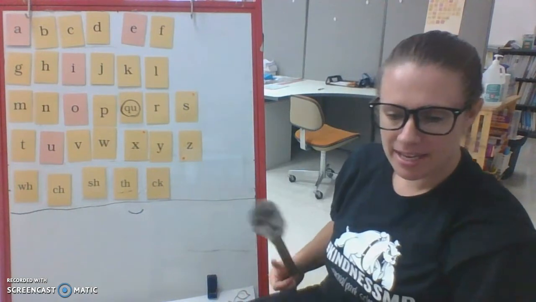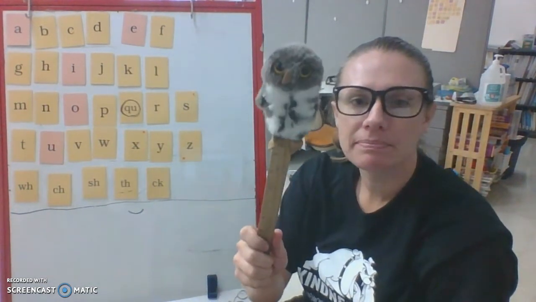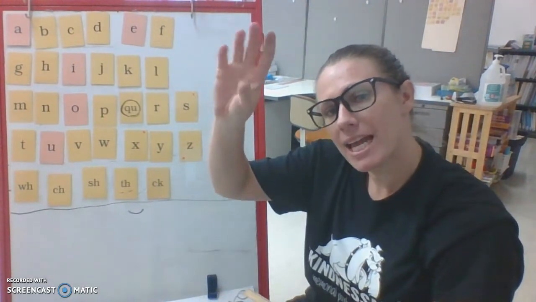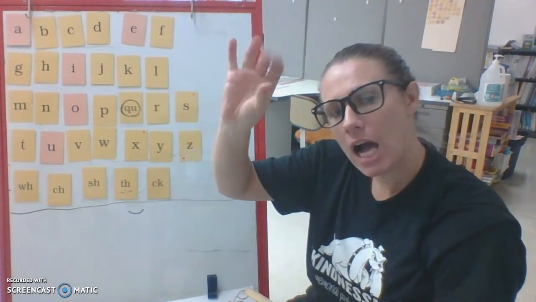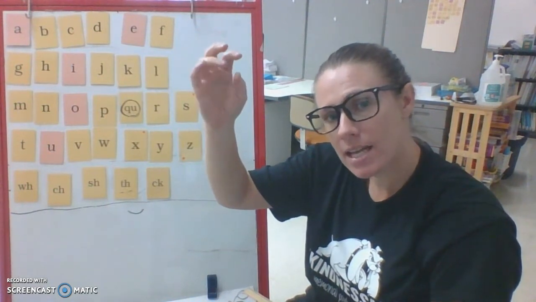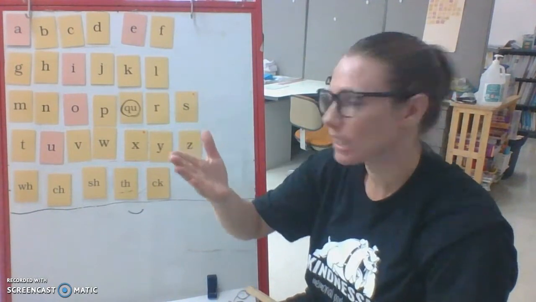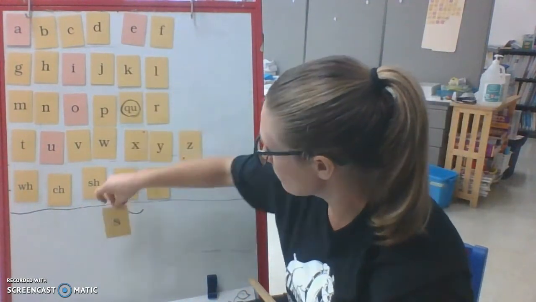Okay, my friends. And let's try one more. Sock. Tap it. S, o, k. Spell it out loud. S, O, C-K. Do it on your boards.